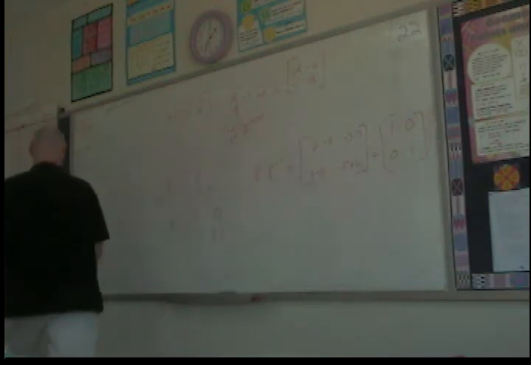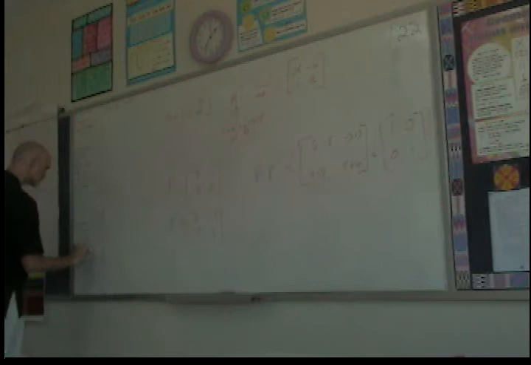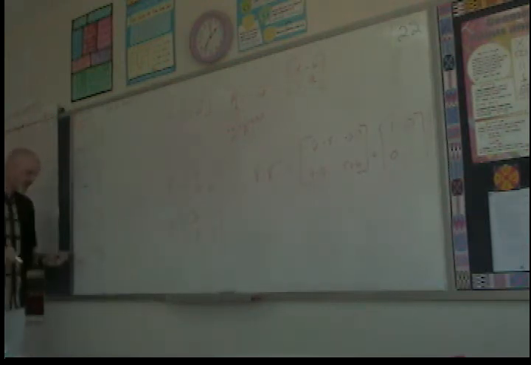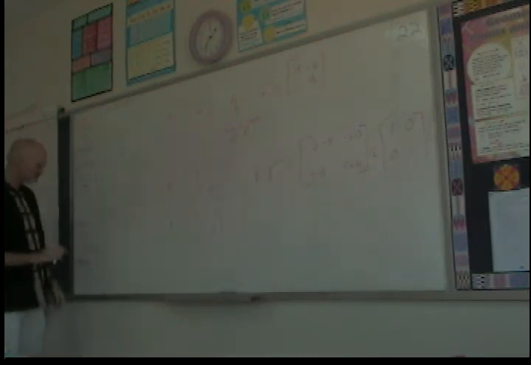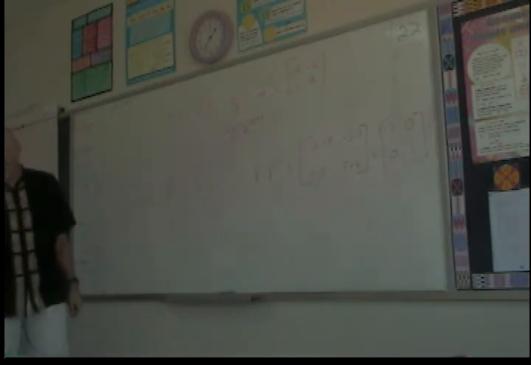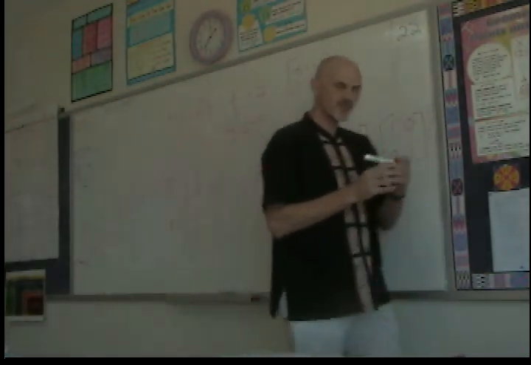So our assignment is 9 to 19 odd. Oh, I'm sorry, 21. It's 21, right? Our brains aren't working today. 9 through 21 odd. And extra credit is 30 and 34.